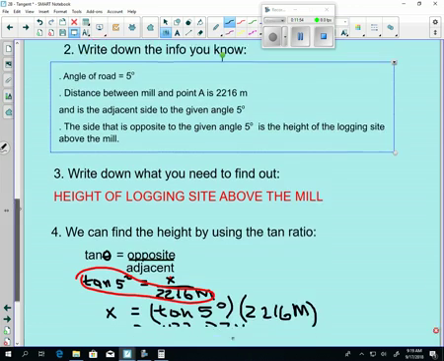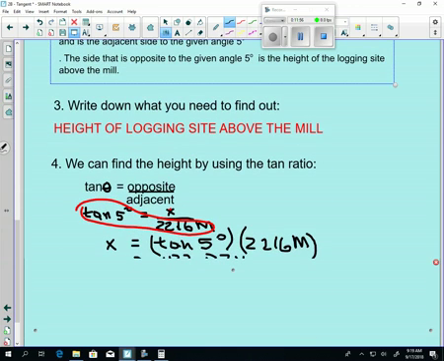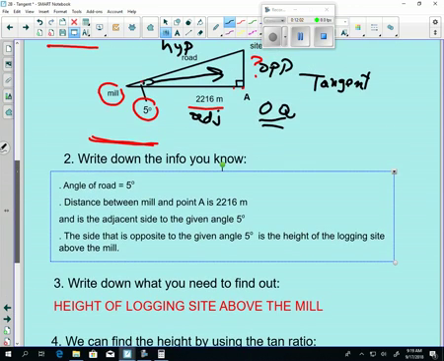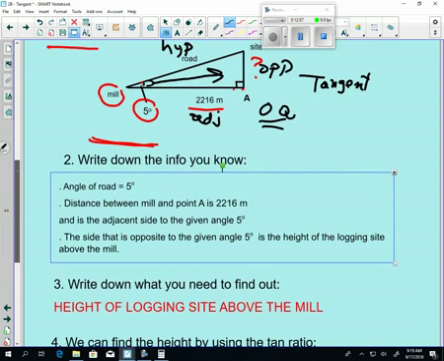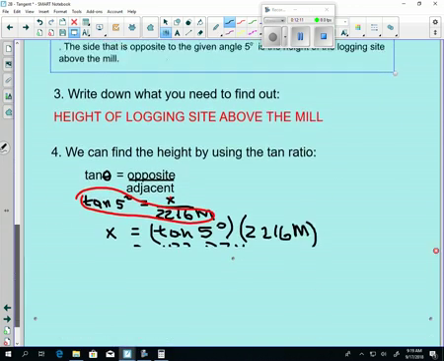So, I need to know the height of the logging site above the mill. Since I know that the angle is 5 degrees, I know the adjacent side is 2216, I need to find the opposite side. So I write down my tangent formula.